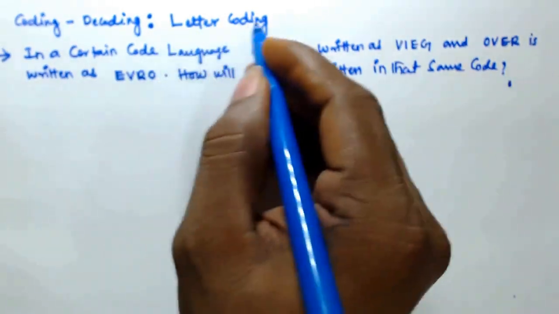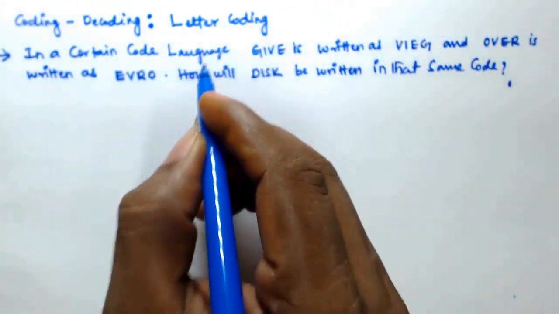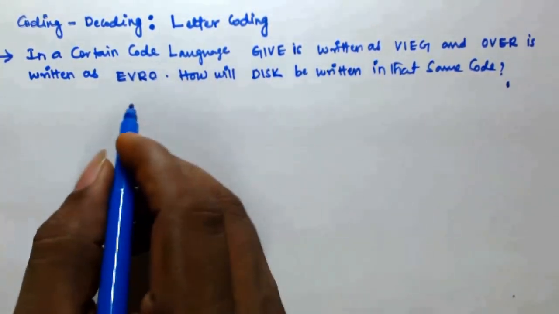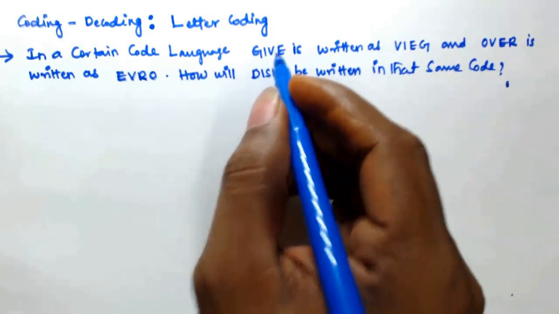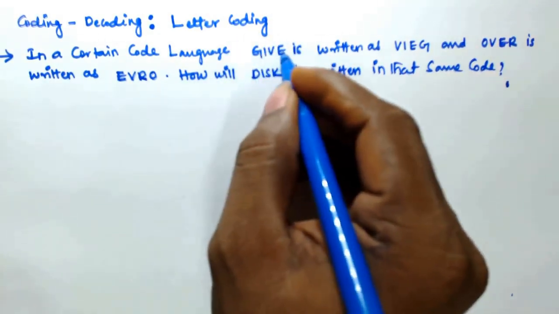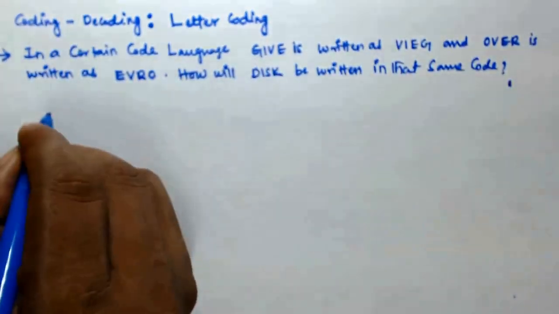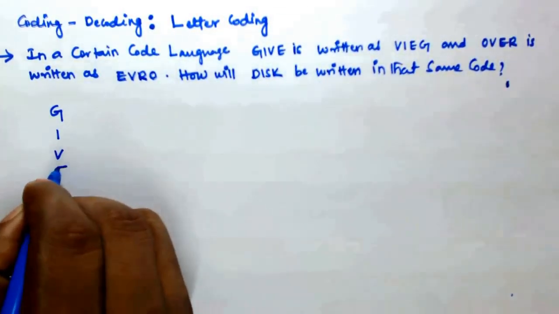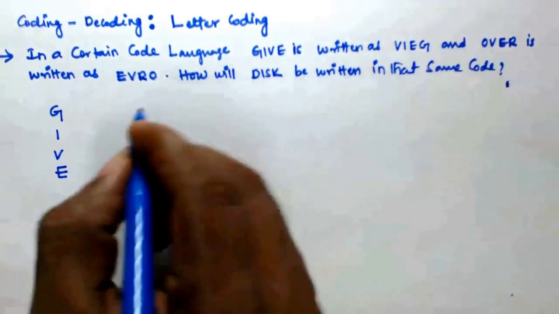Whenever problems based on letter coding are given, you need to draw the mapping from the given word to its coding. Let us take GIVE coded as VIEG.